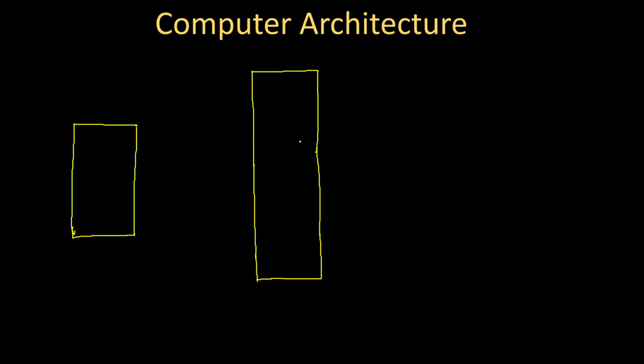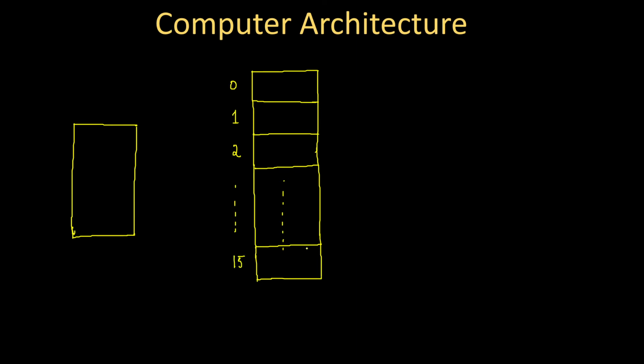This RAM is logically divided into some parts that we call blocks. So we have block 0, block 1, block 2, and in this way, suppose in my system I have a total of 16 blocks.